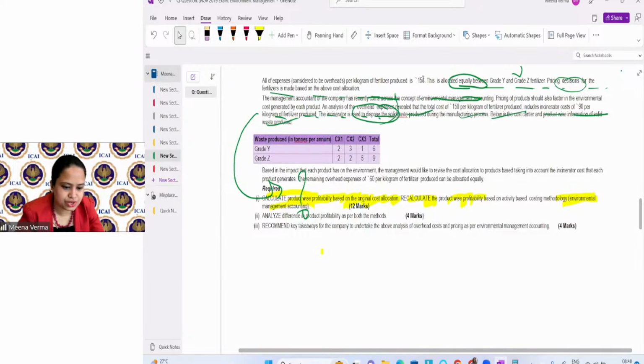So we have to do this question again, considering environmental management accounting.